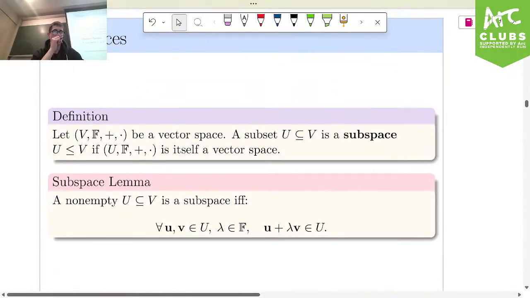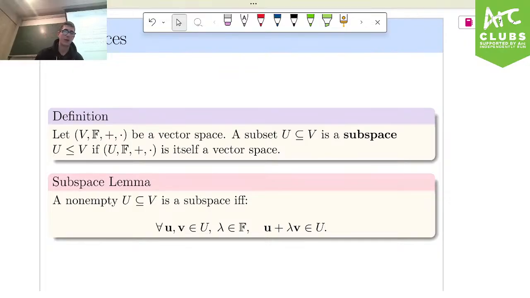So next, following off from subgroups and subfields, we have the definition of a vector subspace. That is a subset of the set V in our vector space, where that subset is also a vector space together with the same operations.